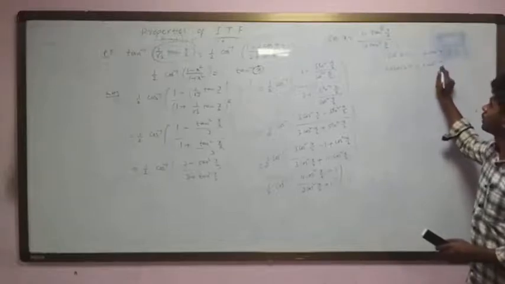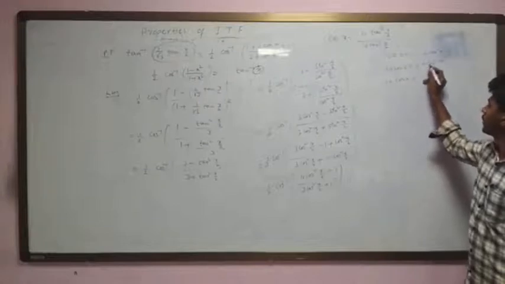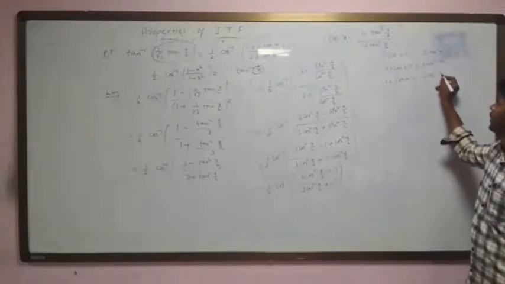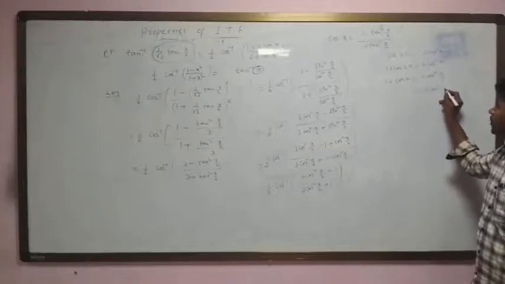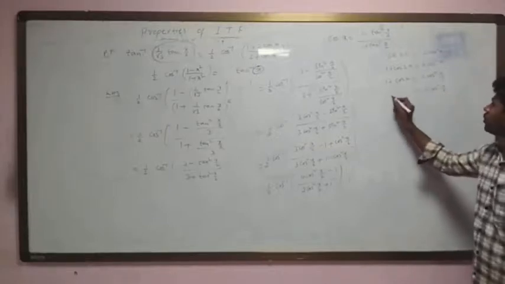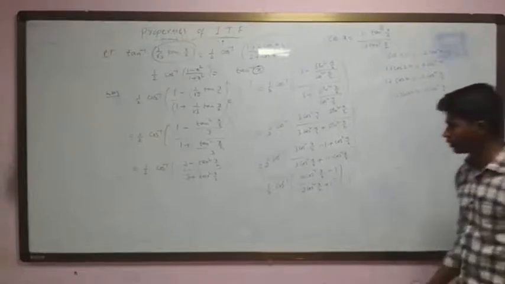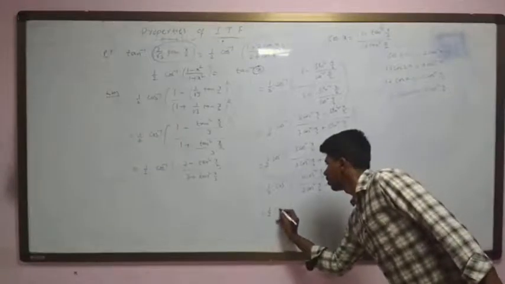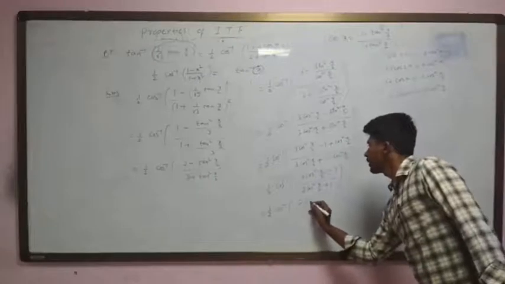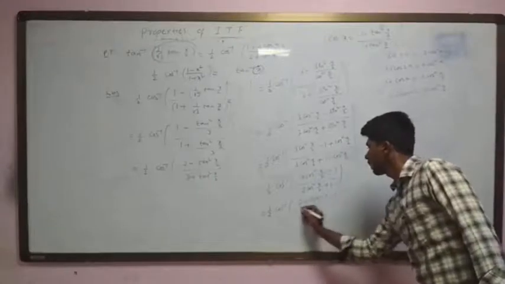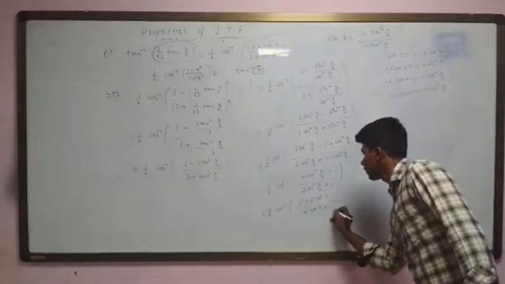I don't want it in terms of x, I want its submultiple, so I can write 1 plus cos x is equal to 2 cos square x by 2. So 4 cos square x by 2 is, multiplying by 2, 2 plus 2 cos x. Substituting, 1 by 2 cos inverse of 2 plus 2 cos x minus 1, by 1 plus cos x plus 1.